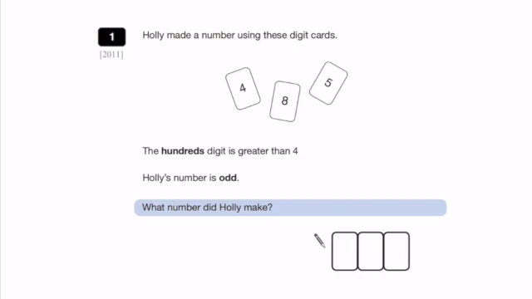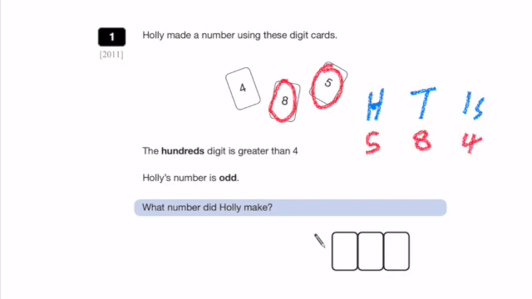Okay, so it said the hundreds digit. So I'm going to write here hundreds, tens, and ones. It said the hundreds digit is greater than 4. So the hundreds digit, you might think, well, we've got 8 and we've got 5. So you might think, well, I'll put 5 here, 8 here and 4 here. You might think, yes, I've done it. But look, Holly's number is odd.